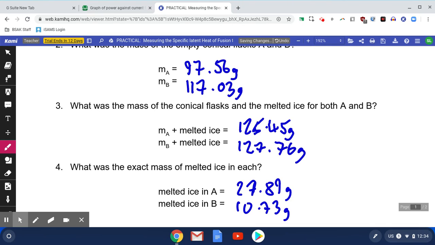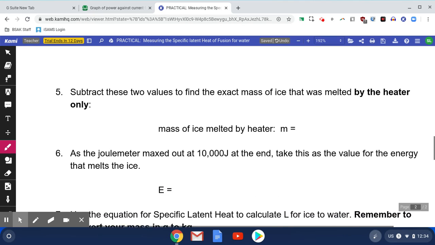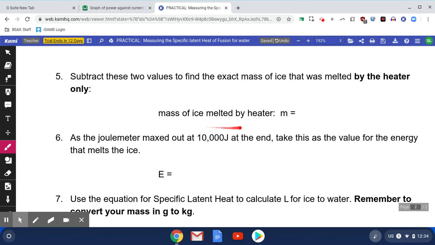All right, but this is why we used B, because this is just the mass of the ice that melts due to room temperature. So if we subtract this value from this value, then we've got our value of ice melted by the heater only. So subtracting those two values gives us 17.16. So that's the amount of ice melted by only the heater.